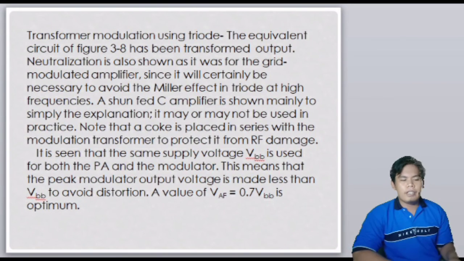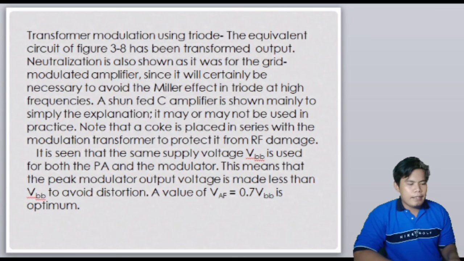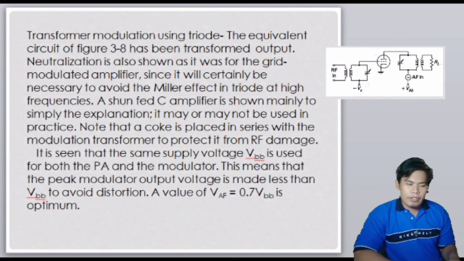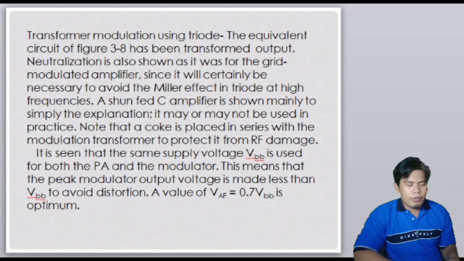Transformer modulation using a triode. The equivalent circuit of figure 3-8 has been transformed, with the output neutralized. It is also shown as it was for a grid modulated amplifier. Since it will certainly be necessary to avoid the Miller effect in a triode at high frequencies, a shunt-fed class C amplifier is shown mainly to simplify the explanation. It may or may not be used in practice.